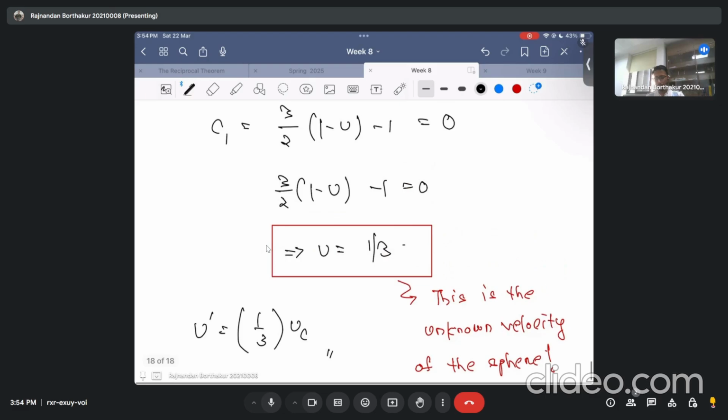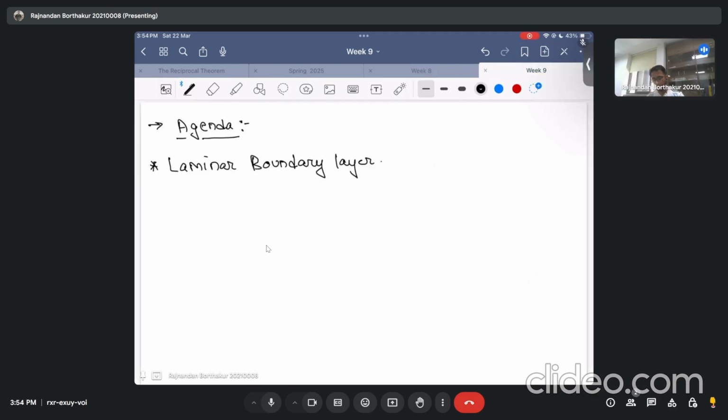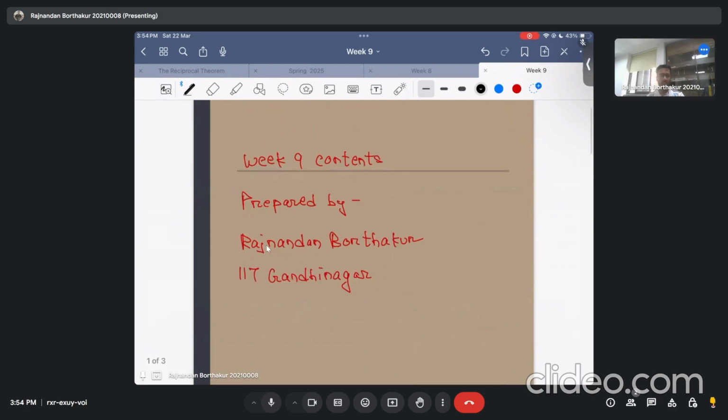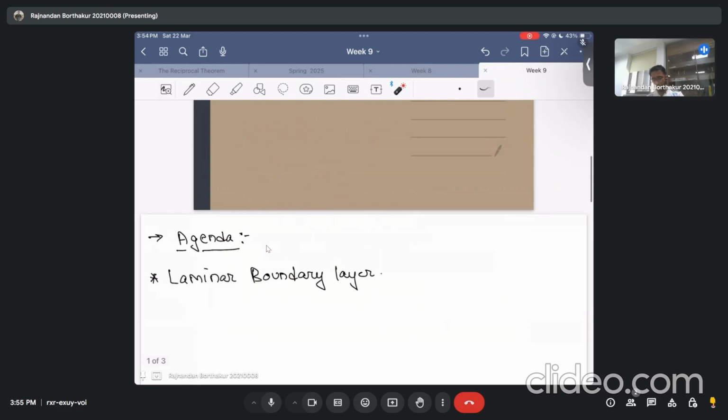I'll stop here for a couple of minutes, and then we will begin the discussions of this week. We will start off with boundary layer analysis. I'll stop for a couple of minutes for you to reflect on what we did. Then we will begin week 9's contents, which is laminar boundary layer.